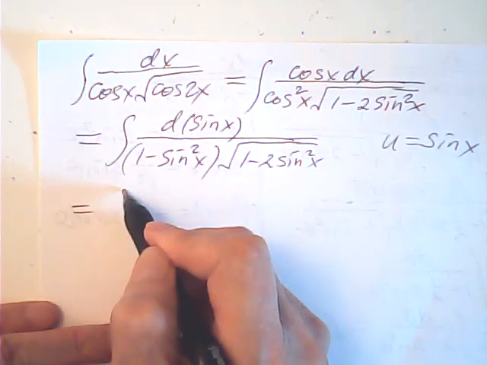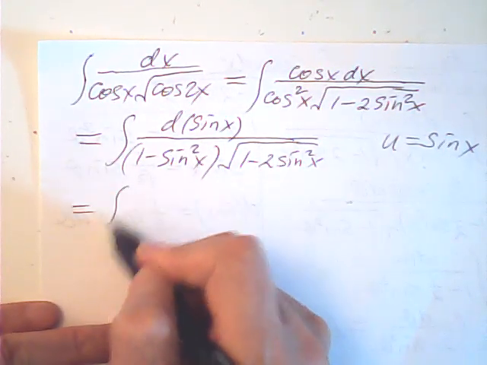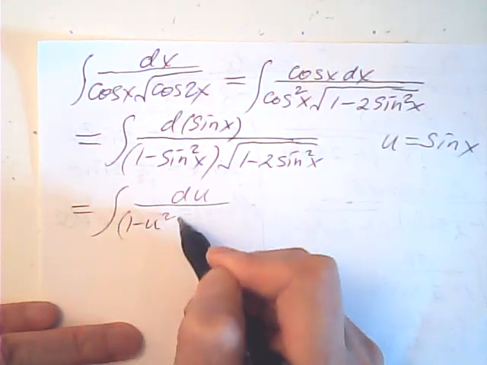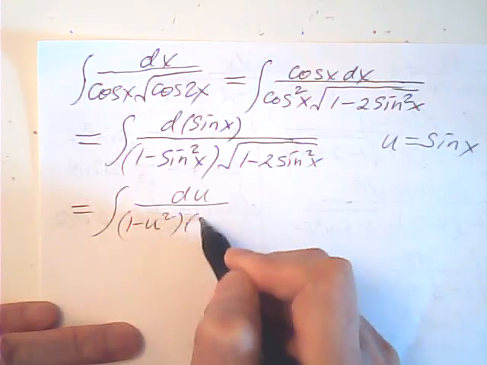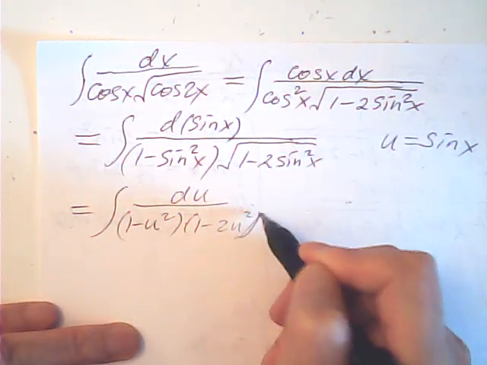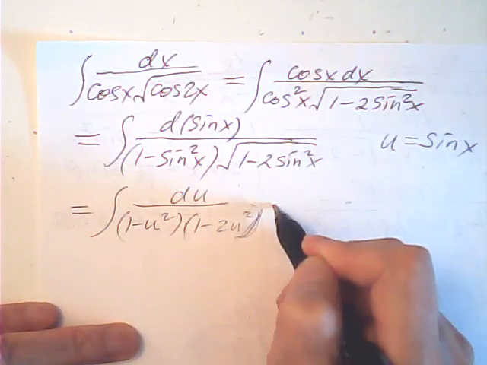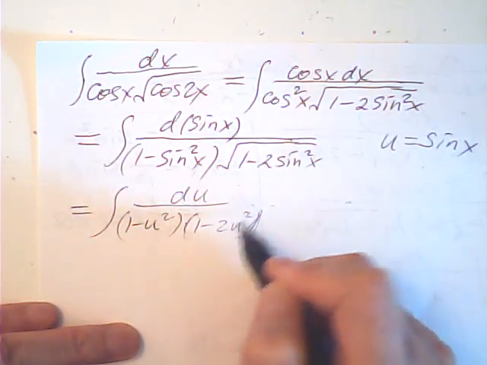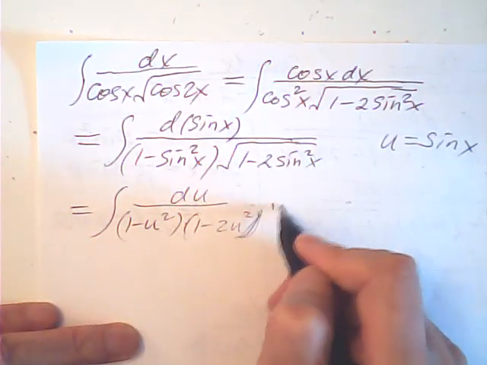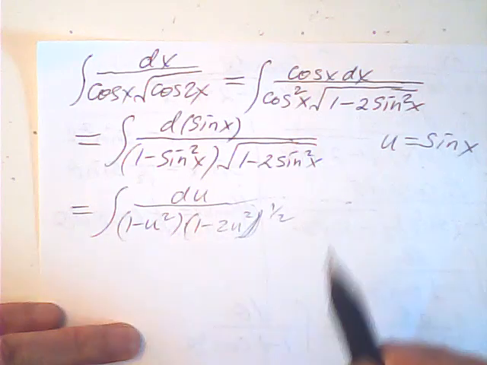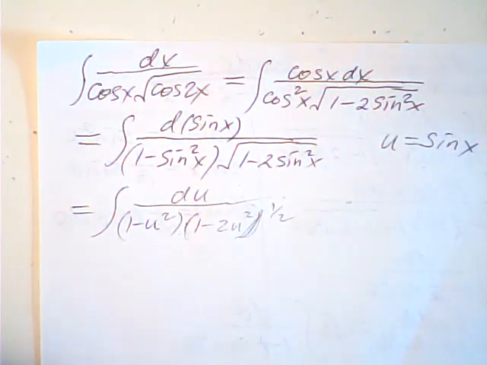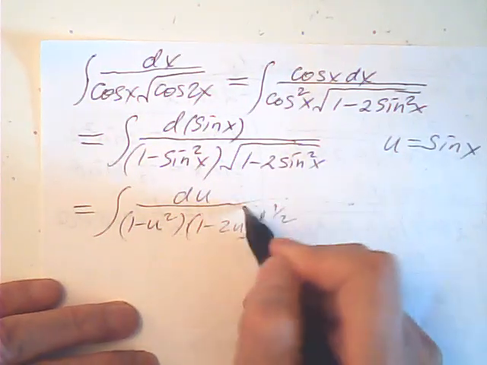So this becomes du over 1 minus u square and 1 minus 2u square root, right?